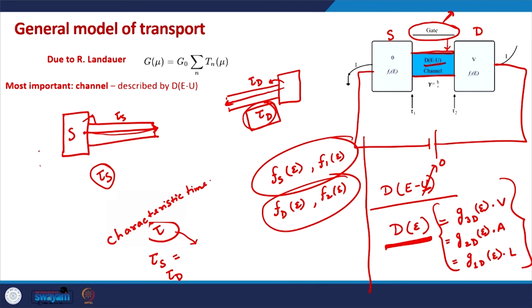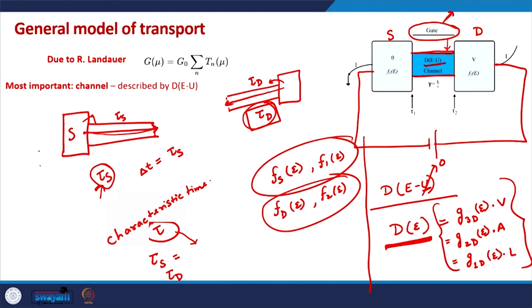Okay. But coming back to the main point, since the electron is staying for a finite time in the channel, it means that delta t is tau s in this case. There is a time frame of tau s in which the electron is there in the channel.